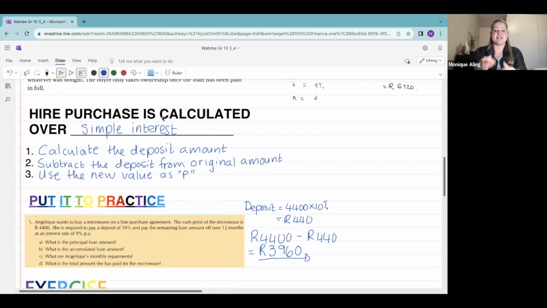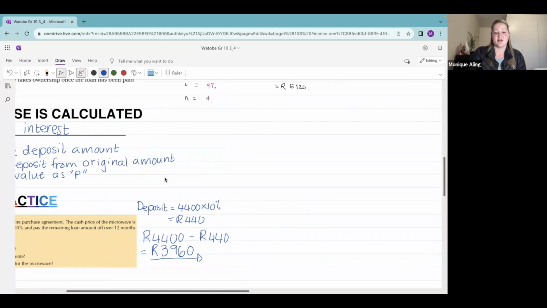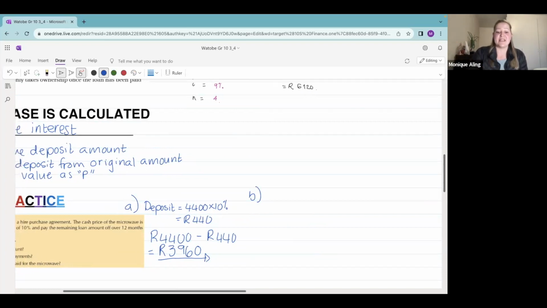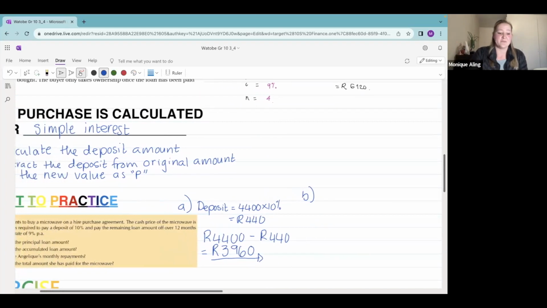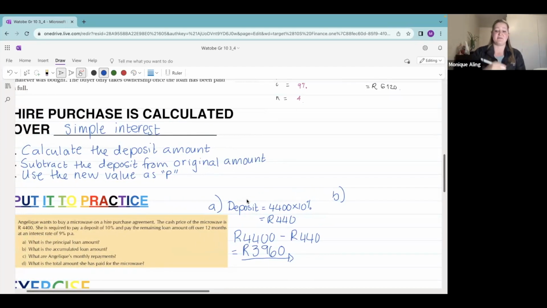Step 3 says use the new value as P. So we need our simple interest formula, with 3,960 being P. Who wants to help us do this one?